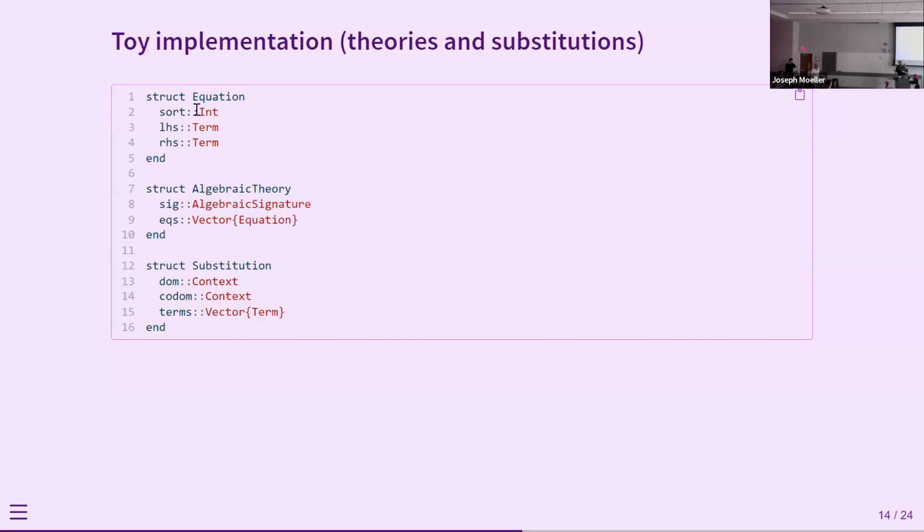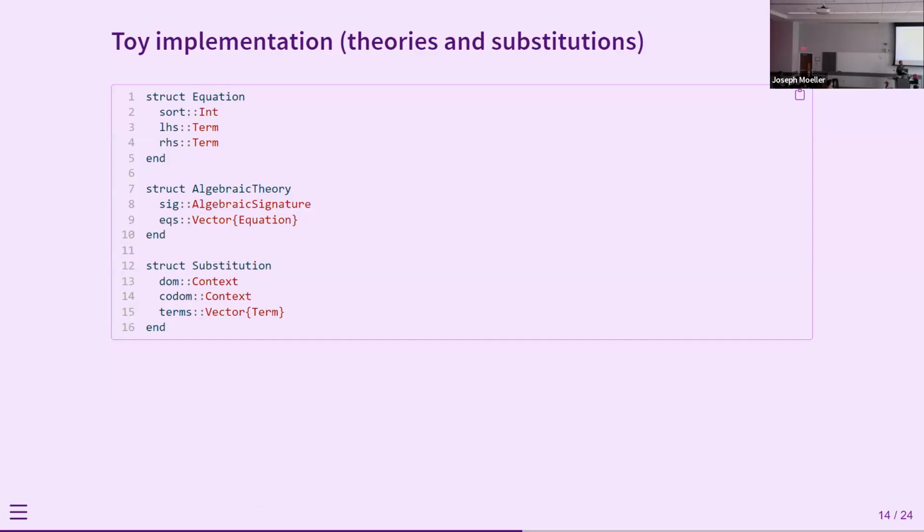Because terms only make sense in contexts. So there should be another field here, which is a context. But anyway, an algebraic theory then is just a signature and a collection of equations, and a substitution is two contexts and then a vector of terms, one term for every variable in the domain context.